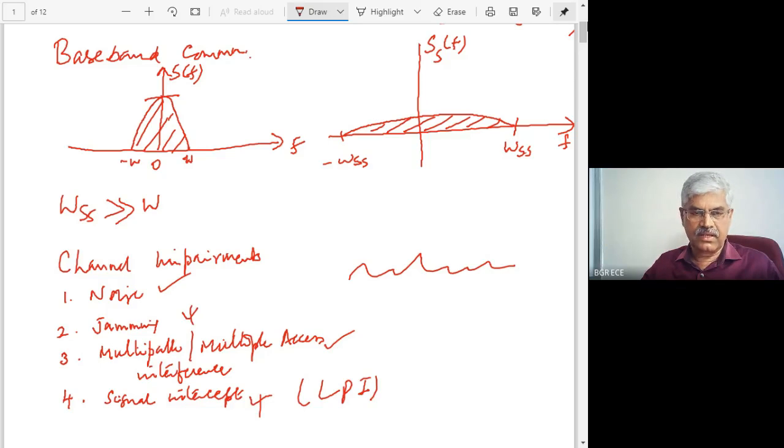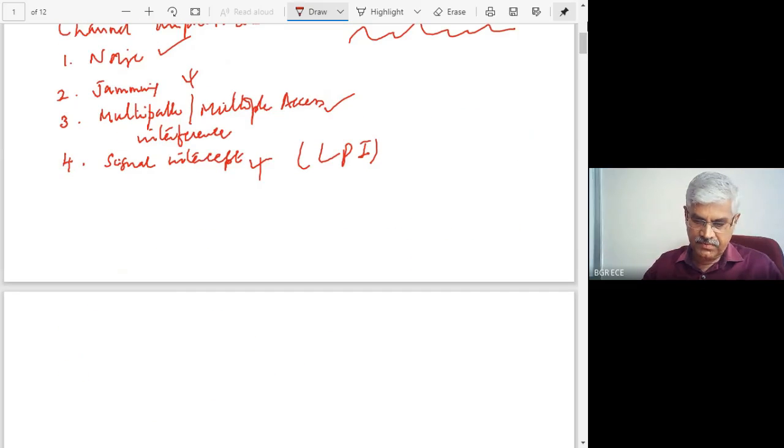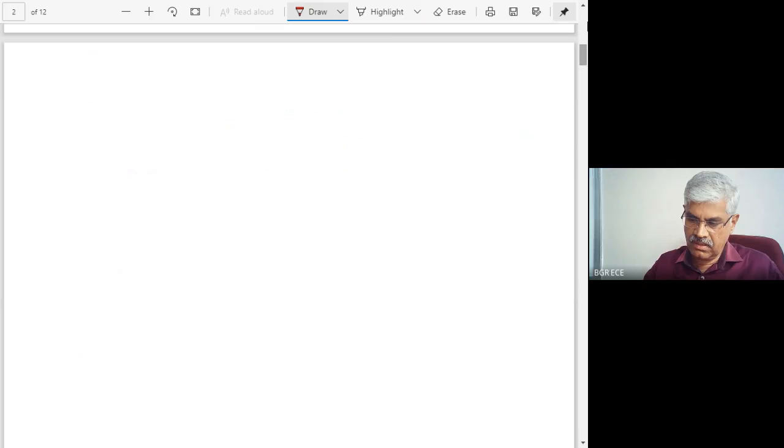That is called the processing gain one has to provide in this perspective. So now let's see how to spread the spectrum.